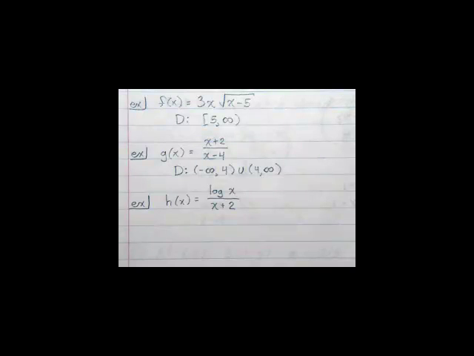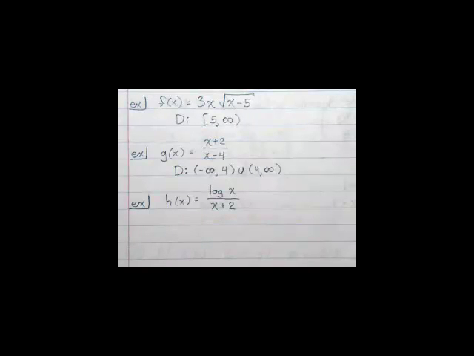Right. So here's what we got then, to summarize. We've got only positives can go on the top, and any number except for -2 can go on the bottom. So what then is our domain? Just positives, right? Because this -2 doesn't affect anything, right? We already have excluded -2 from the top using the log, so we don't have to worry about it.